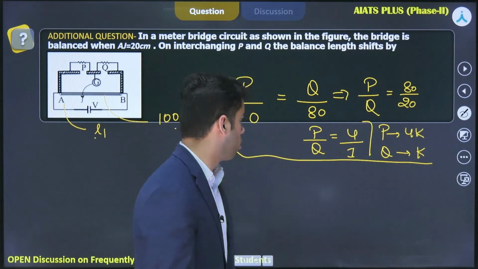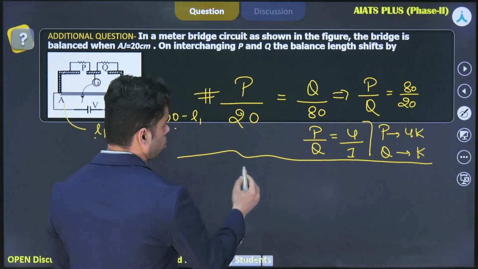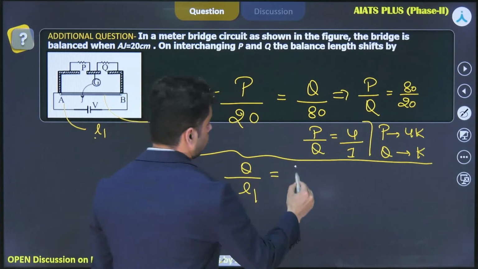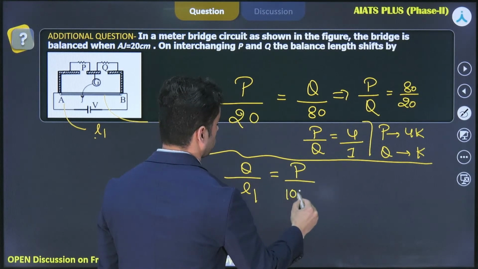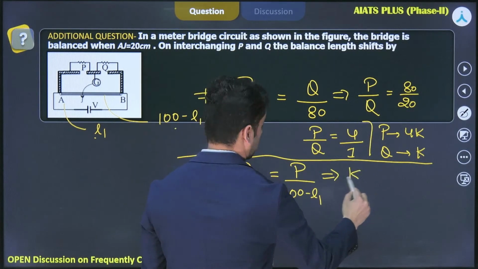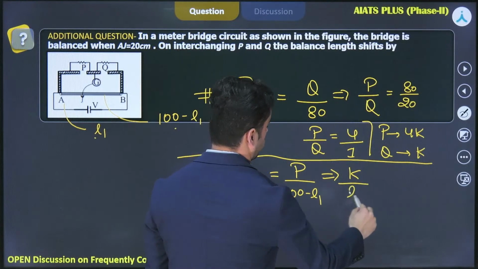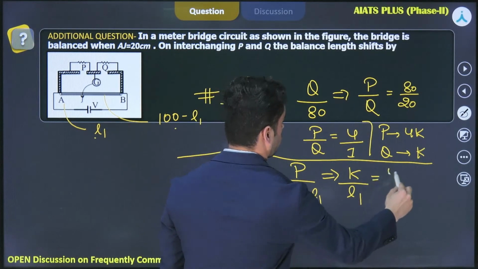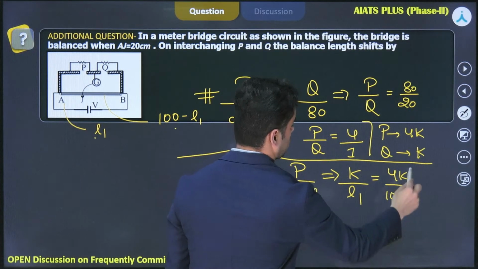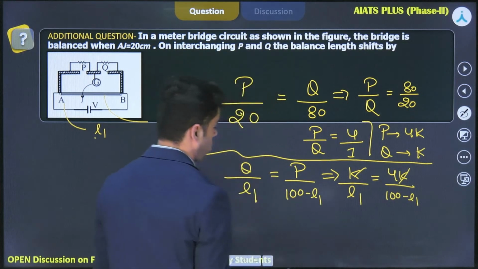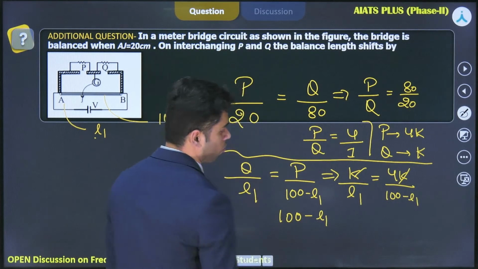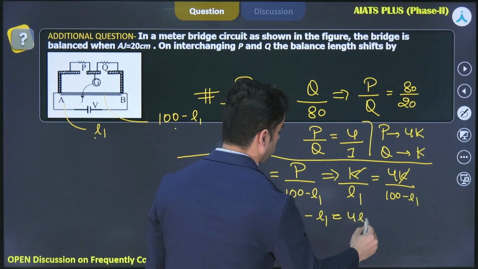Now let me give the condition. So Q by L1 should be equal to P upon 100 minus L1, which means that the value of Q is K, and this is L1. The value of P is 4K, and it is 100 minus L1. Let me cancel this K and K. So 100 minus L1 is equal to 4L1.